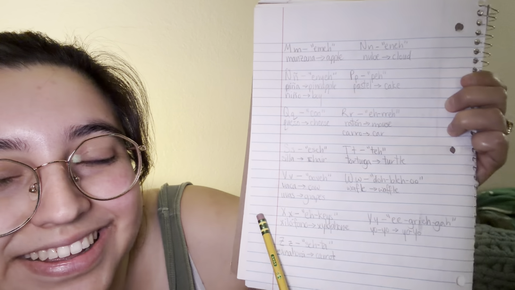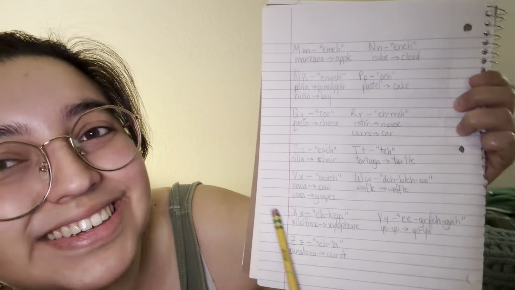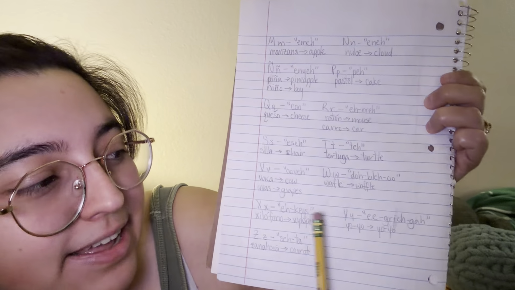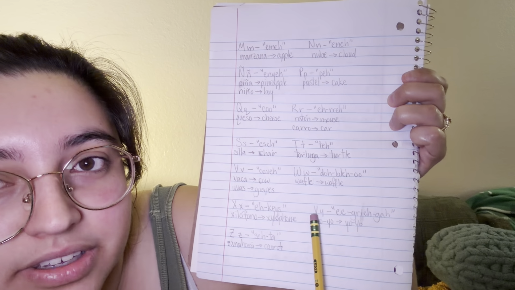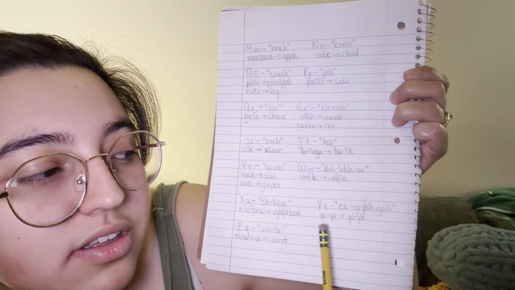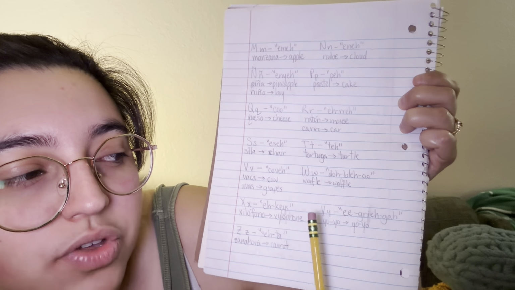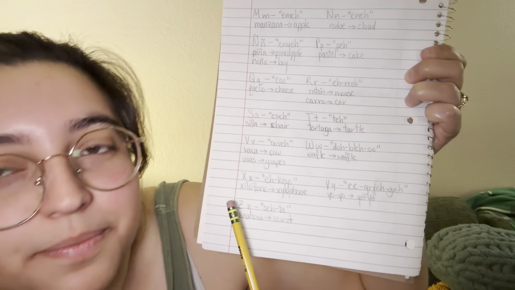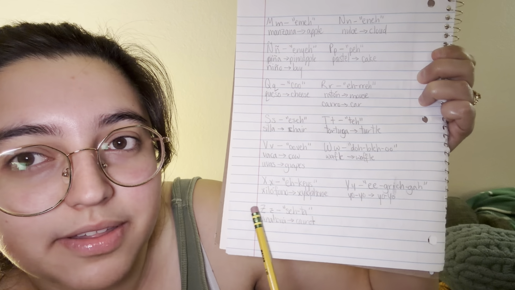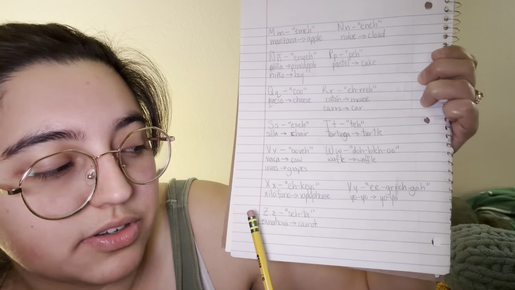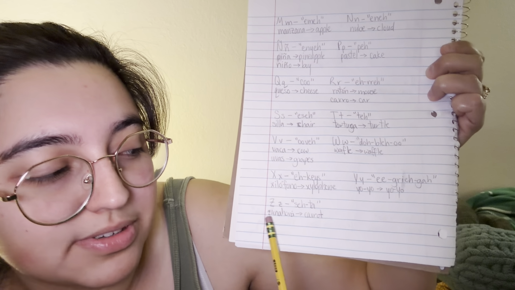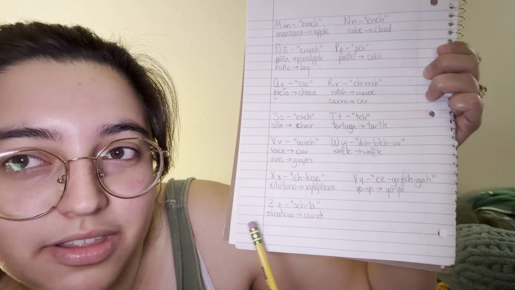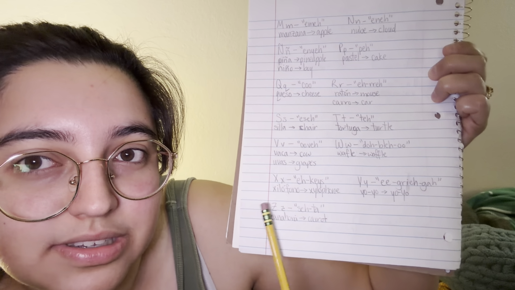Y, just a Y, yo-yo. And then Z or Theta, just S or Th. So zanahoria.